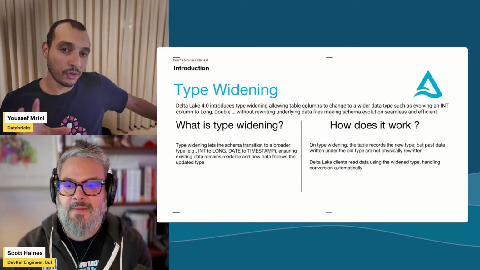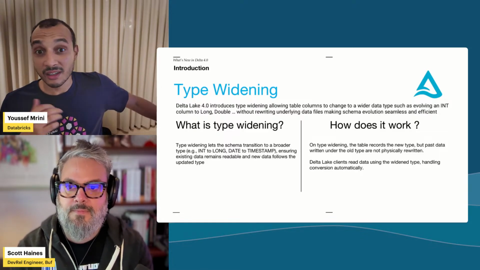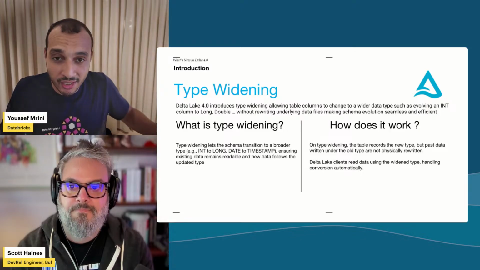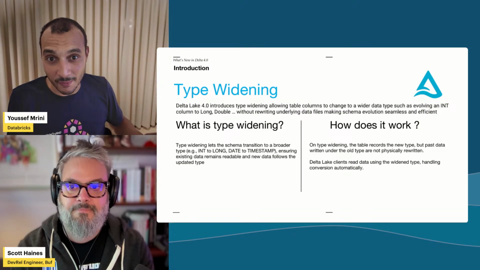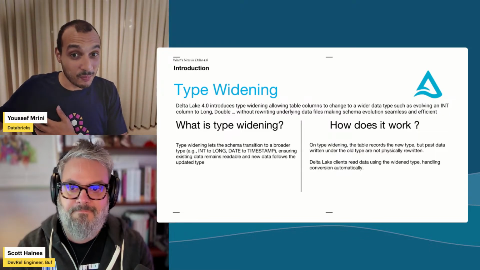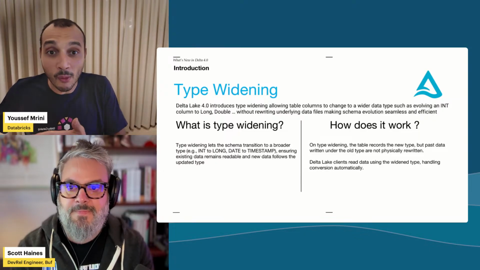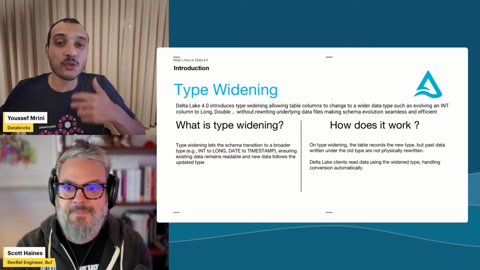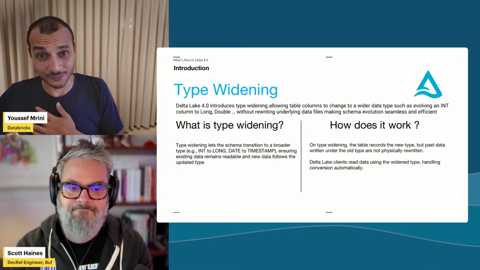The goal is not to rewrite the data. Sometimes the types may change, and you don't want to rewrite those 2 terabytes of data. That's why we talked first about liquid clustering, giving you the possibility to change clustering keys easily. Now we're also giving you the possibility to change the column type without rewriting this data.